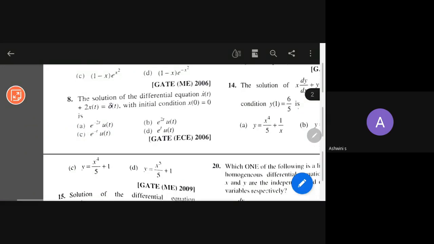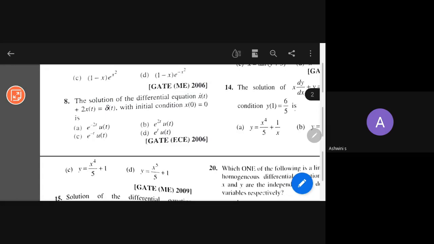What is his answer? If I put here x dash t, I think u dash t is delta t. Yeah, this is unit step function and you have delta t.